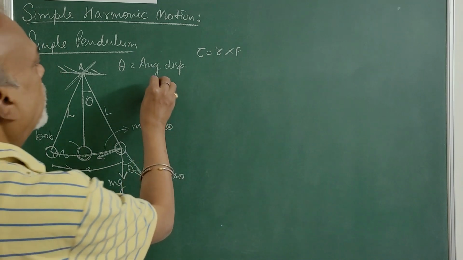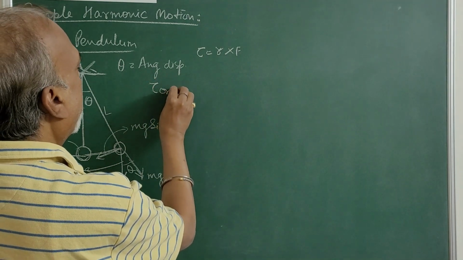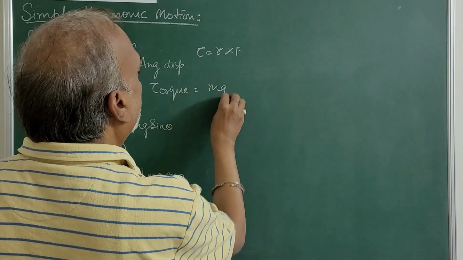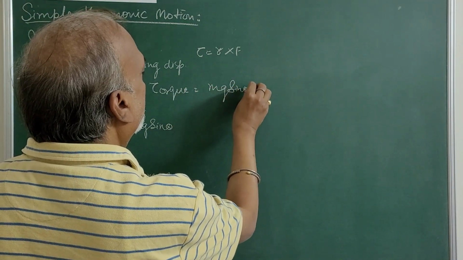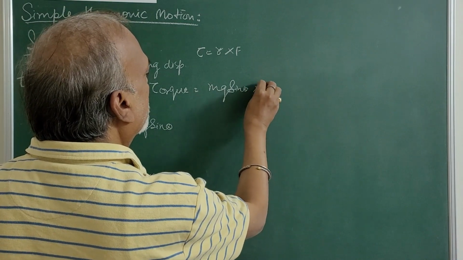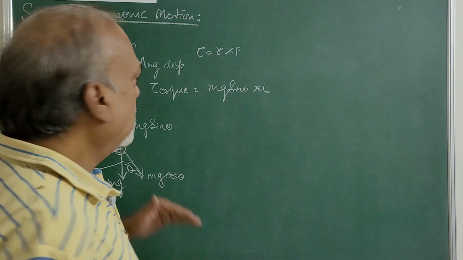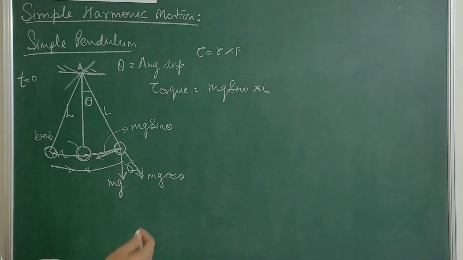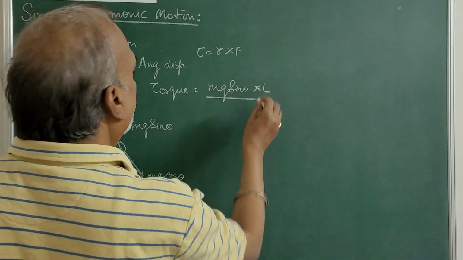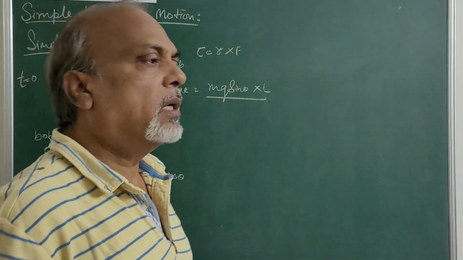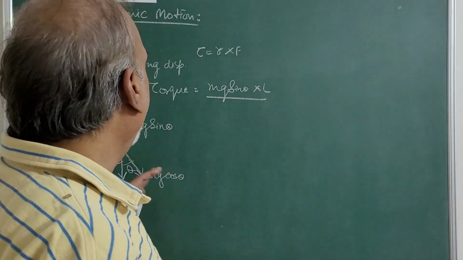So the torque will be mg sin theta into, of course, L. This is the moment. So it is making a moment of this magnitude. But what about the direction? Unless we specify its direction, it has no meaning.